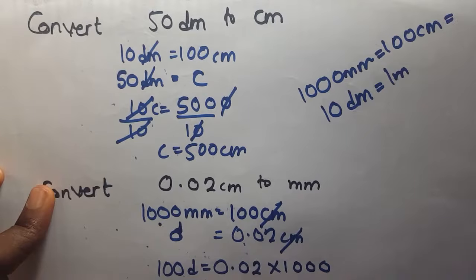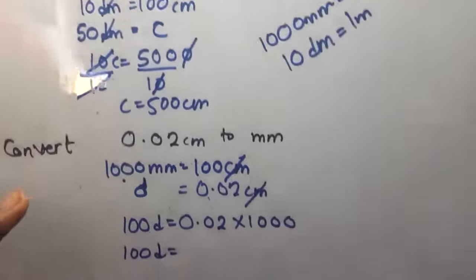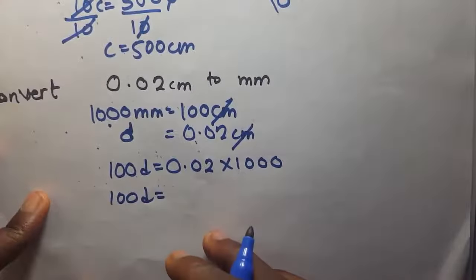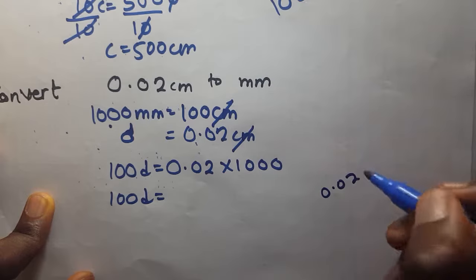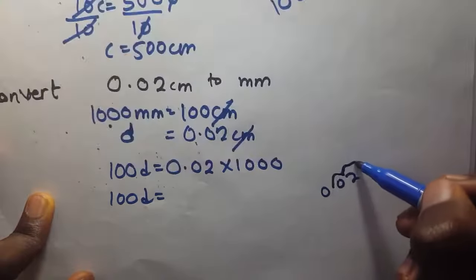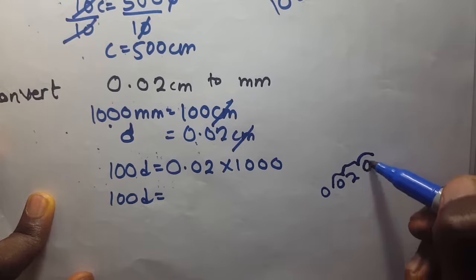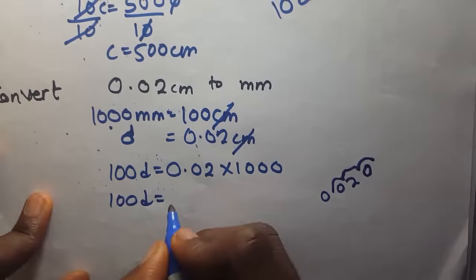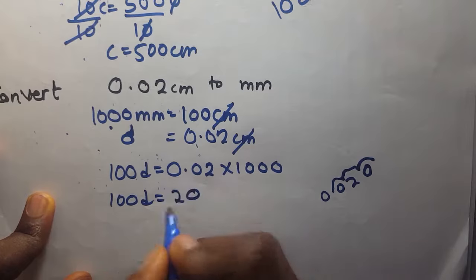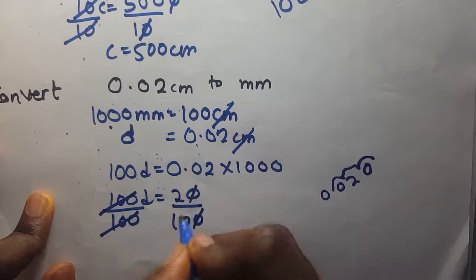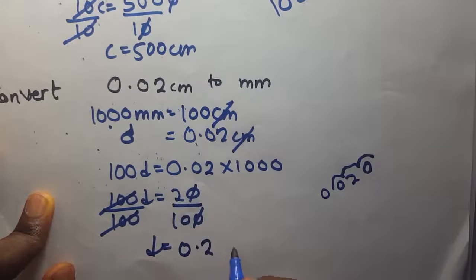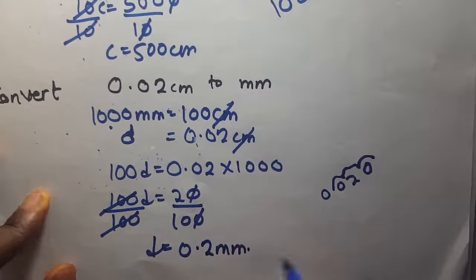With 0.02 times a thousand, you move the point thrice, 1 2 3, so you're going to have 20 over 100 over 100. This cancels this. So D equals 0.2 millimeters.